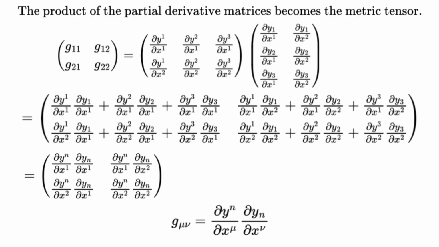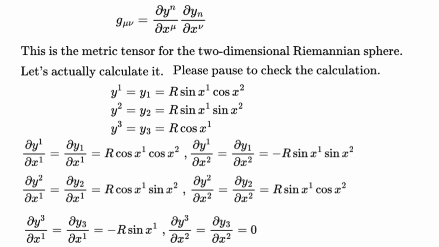In what follows, we will explicitly compute the line element of the two-dimensional sphere. This is the metric tensor for the two-dimensional Riemannian sphere. Let's actually calculate it. Please pause to check the calculation.